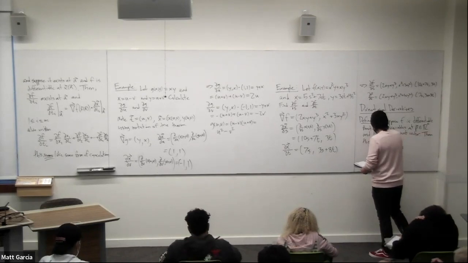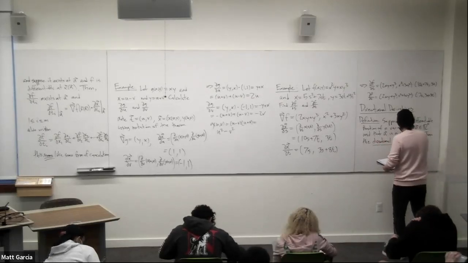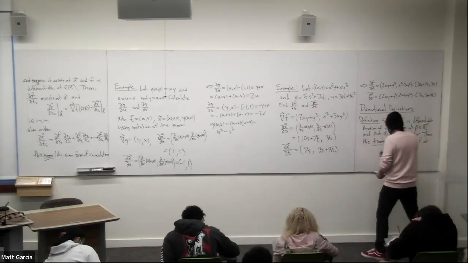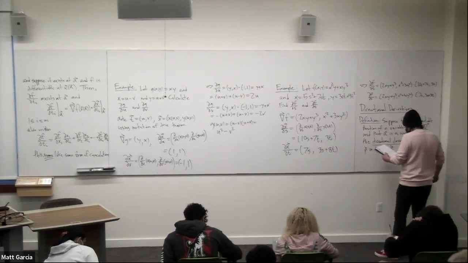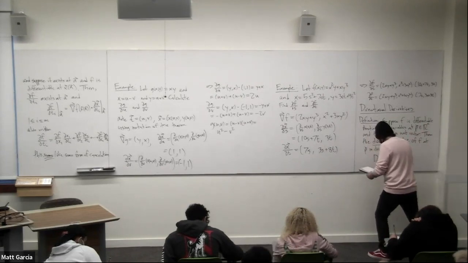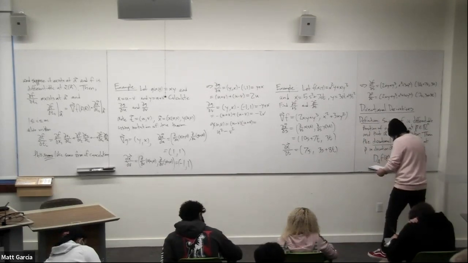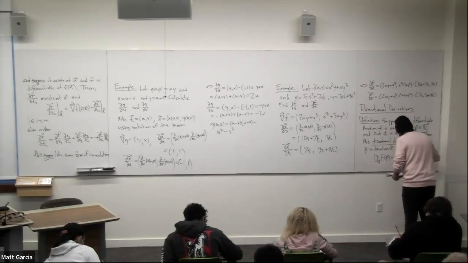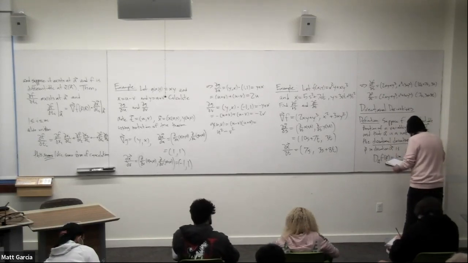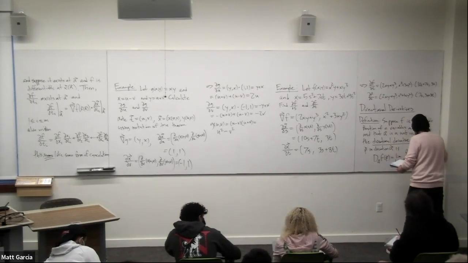Then the directional derivative of f at p in direction u hat is given by capital D sub u f evaluated at p is equal to the limit as t approaches 0 from the right of f of p hat plus t times u hat minus f evaluated at p hat, all divided by t.